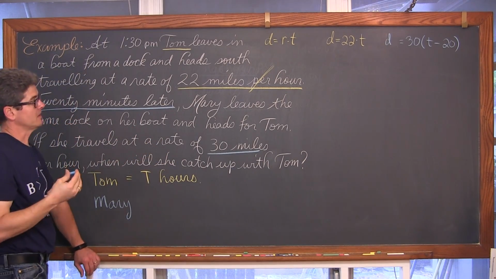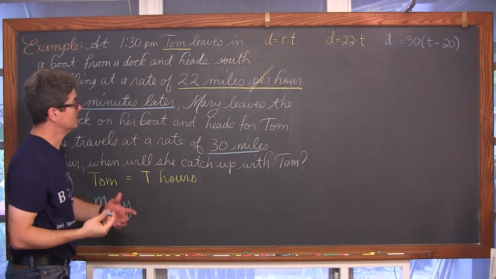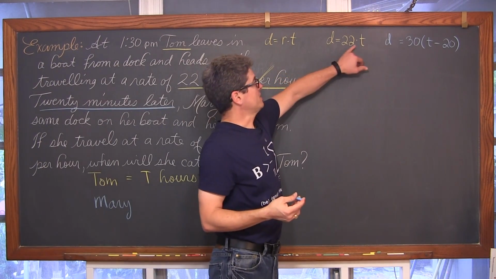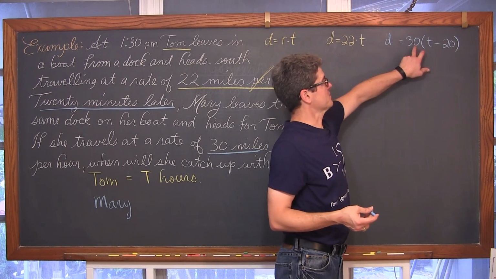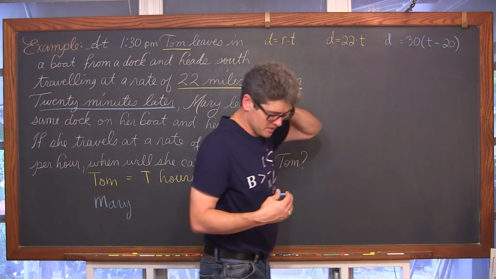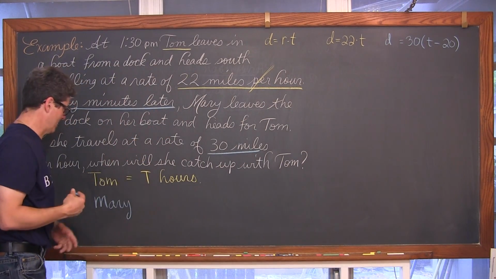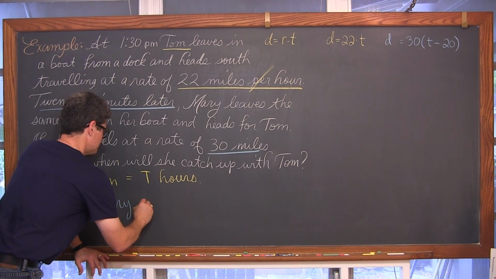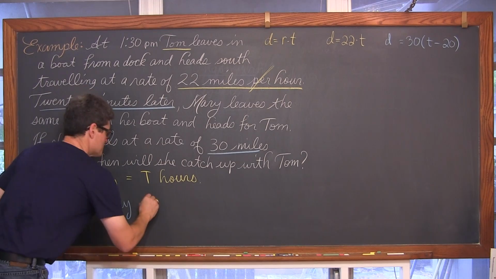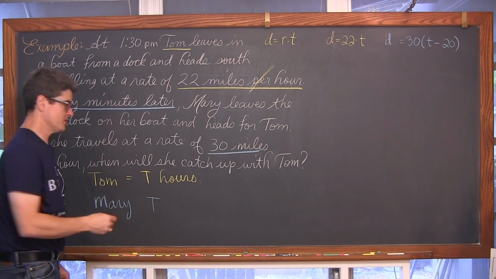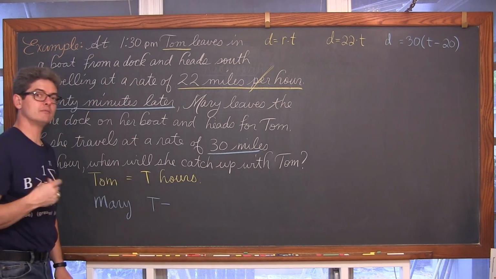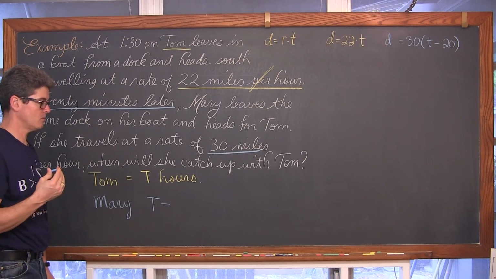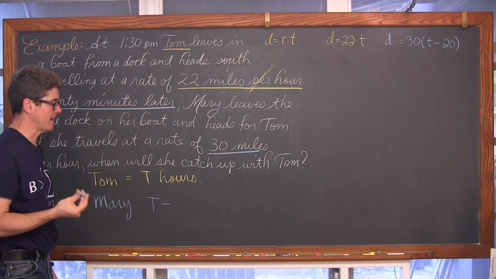Instead of writing something like d equals 22t and then d equals 30m, which is weird because of the time for Mary, she left later, so it's going to be whatever amount of time Tom travels minus some value. And what is 20 minutes in terms of hours?